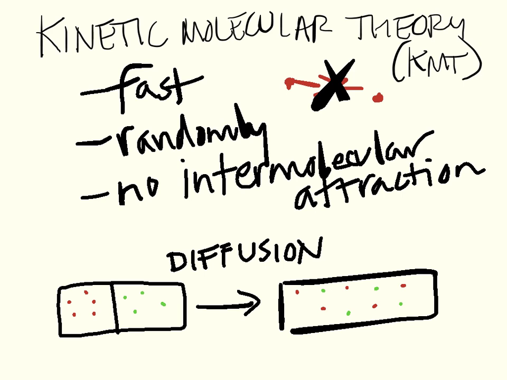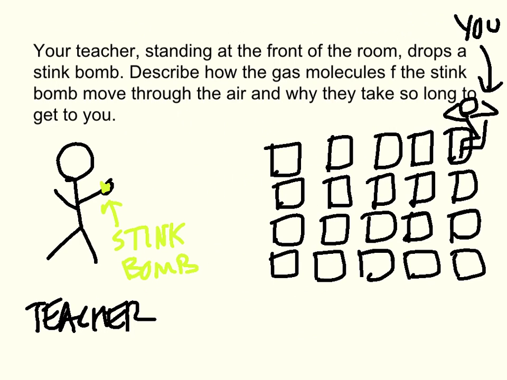So go ahead, take a minute to just jog this through your memory, and then I want you to apply this knowledge. Your teacher, standing at the front of the room, drops a stink bomb. Nasty smell. Describe how the gas molecules in the stink bomb move through the air and why they take so long to get to you if you're sitting way over here in the back.